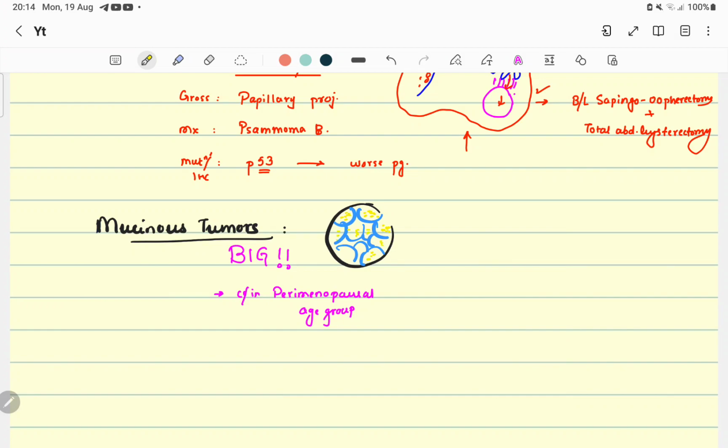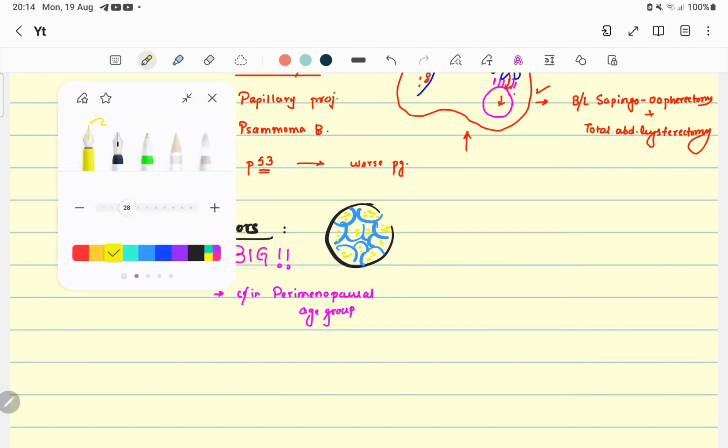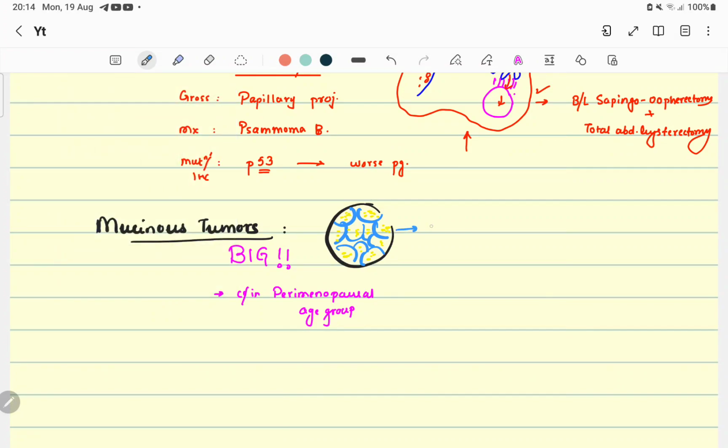So in the gross appearance, we'll have cysts filled with mucin. You can know from the name itself, right? And solid areas are also present.